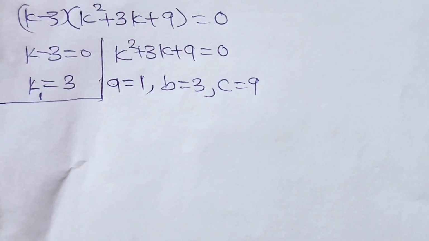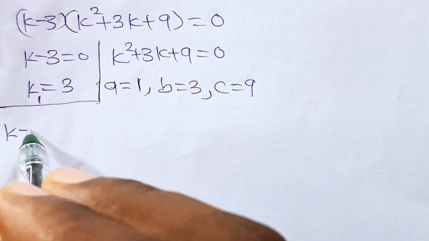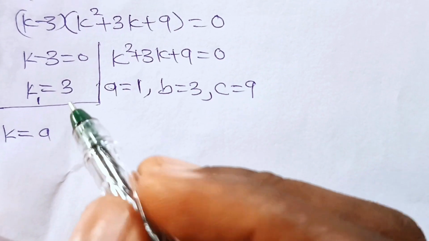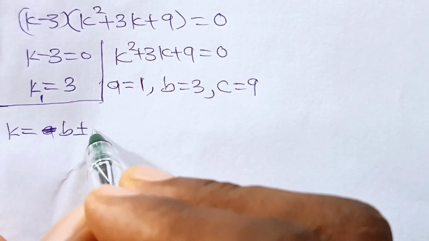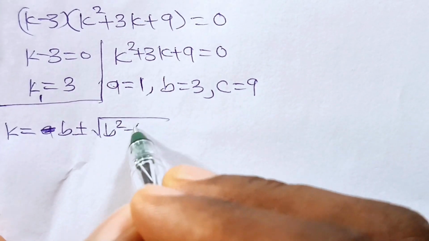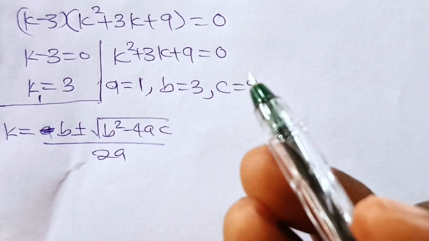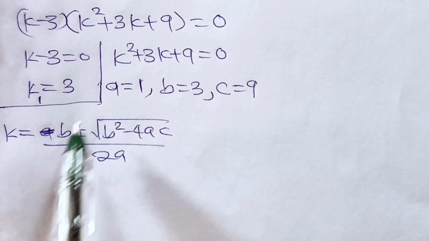Now the quadratic equation formula states that this k we are looking for is going to be equal to minus b plus or minus the square root of b squared minus 4ac, everything divided by 2a. So recall that our a is 1, our b is 3, and our c is 9. So let's substitute into this.